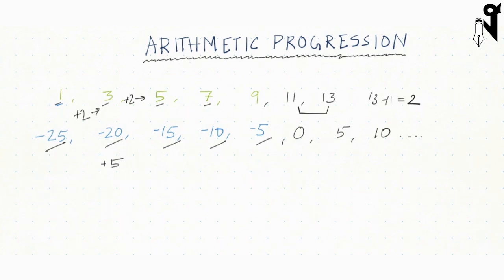So to each term I'm adding 5. Minus 25 plus 5 gives me minus 20, minus 20 plus 5 gives me minus 15 and so on. So as you can see, each term has a common difference.